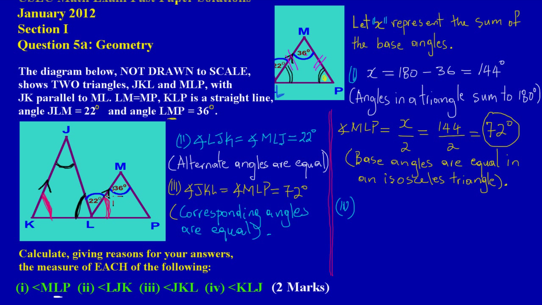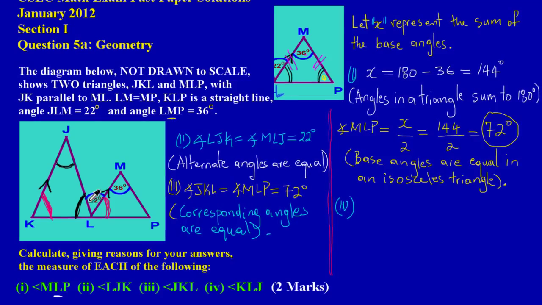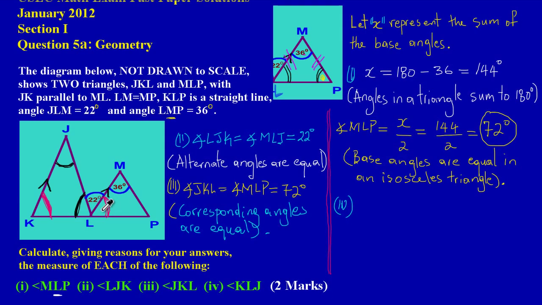Okay, my friends. Now we had found MLP earlier. We had found MLP to be 72 degrees, and if you notice, my friends, this 72 degrees would be the angle at L here, and we have a 22 degrees here. So obviously we could just add these two angles and subtract them from 180, and we would have gotten the size of the angle KLJ.